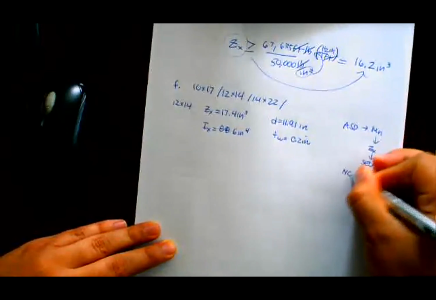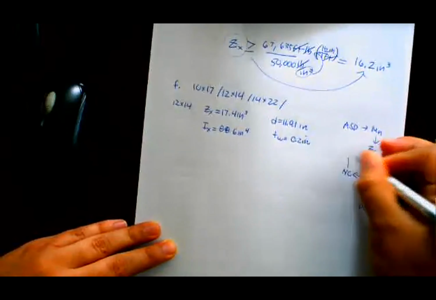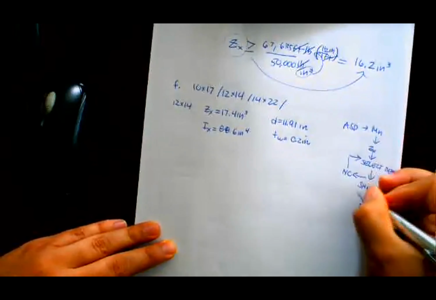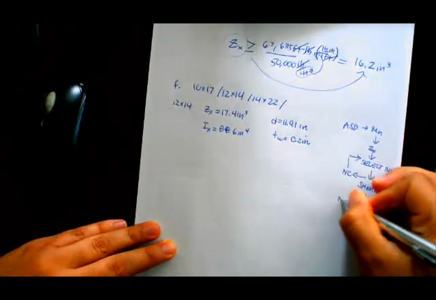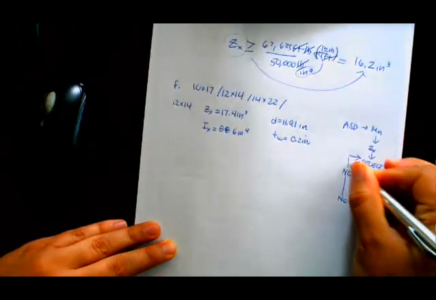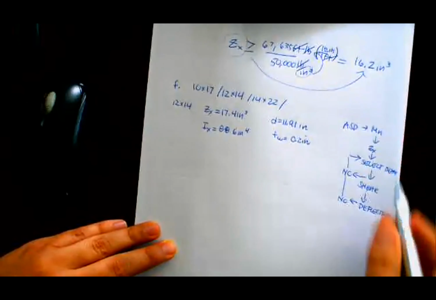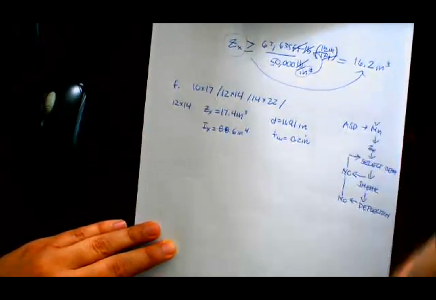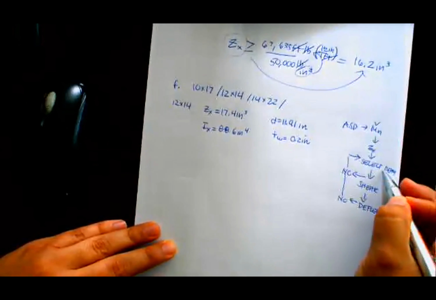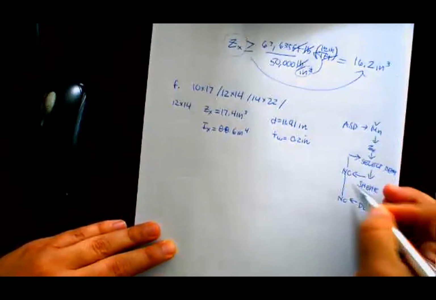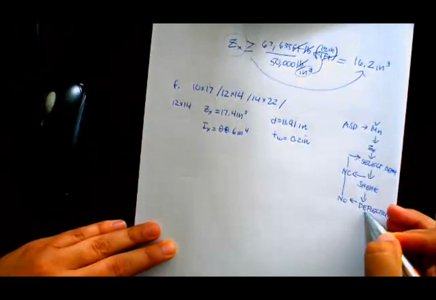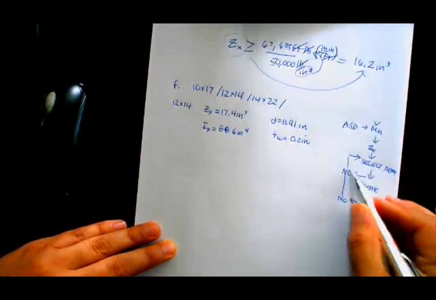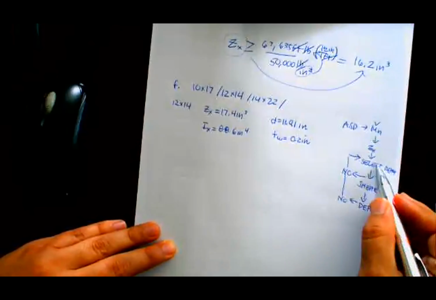If no, then select beam. Just kind of like a flow chart. If you're selecting the beam based on nominal moment, you know it already passed this. So now we selected a beam. Now I'm going to check it against shear and see if it passes on to the next phase, which is deflection. If it doesn't pass these tests, then I have to select a new beam.